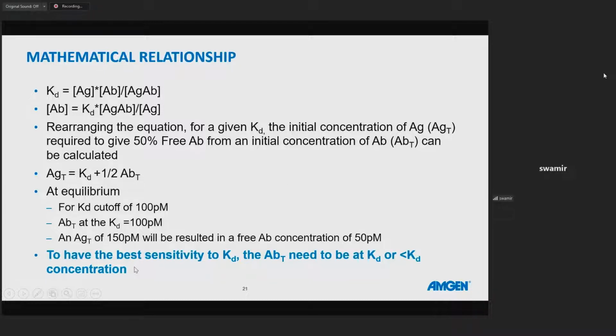And to have the best sensitivity to KD, the total antibody taken at the equilibrium should be either equal to or less than KD concentration.